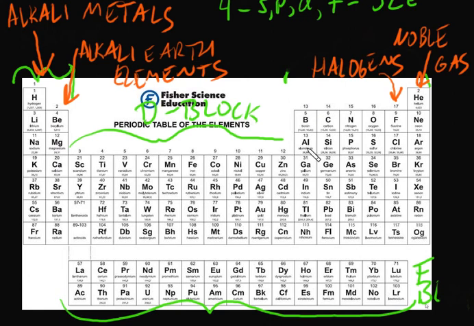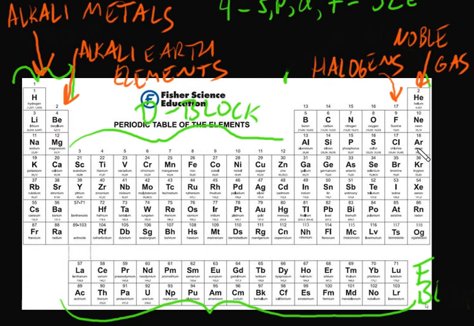Group 13 or 3A, three valence electrons. Group 14 or 4A, four valence electrons, five valence electrons, six valence electrons, seven valence electrons, and a full valence shell, which we call the rule of 8, the octet. So group 1, one valence electron, 2A is 2, 3A is 3, 4A is 4, 5A is 5. You see where I'm going here.